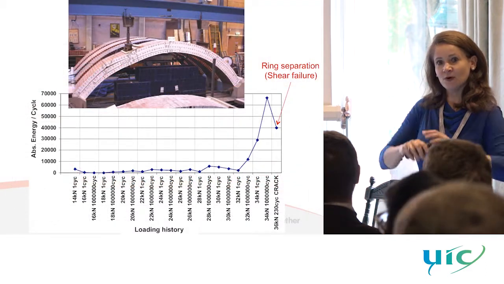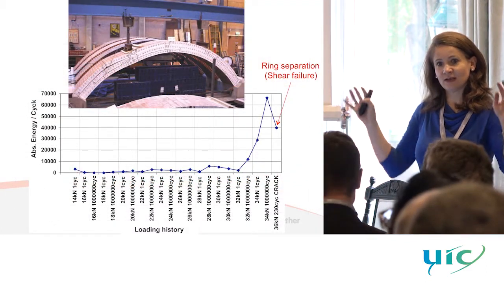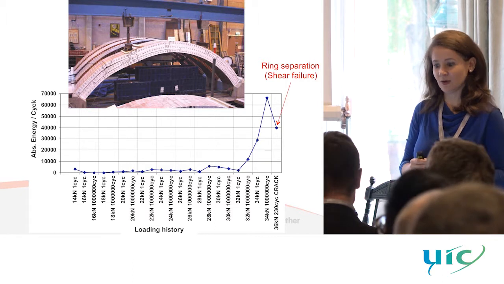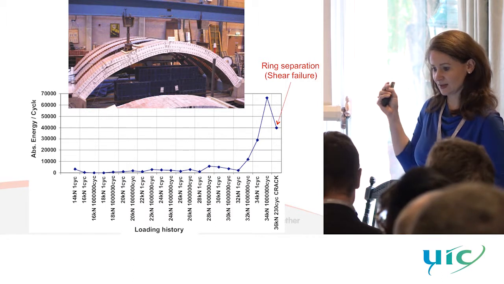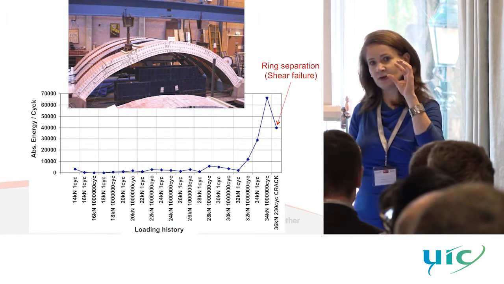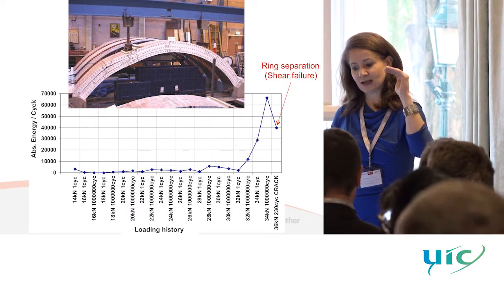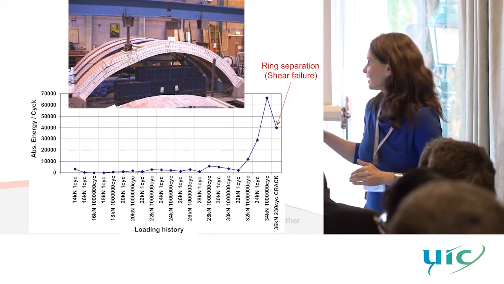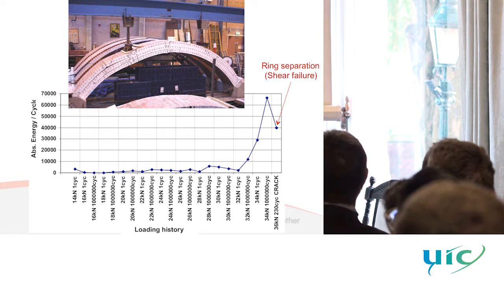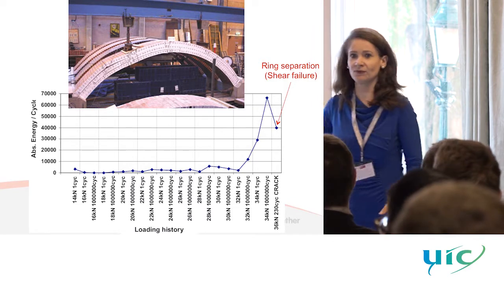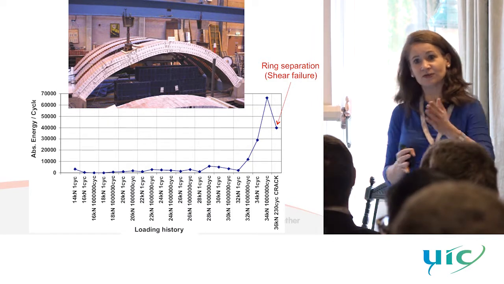This is an example of an arch without soil above it. So this test was done by putting a certain load on, cycling it for 1 million cycles, and then increasing the load to 16 kilonewton, 18, 20, up to 34. The numbers don't really matter.